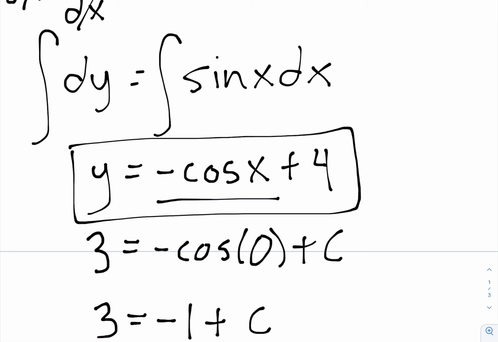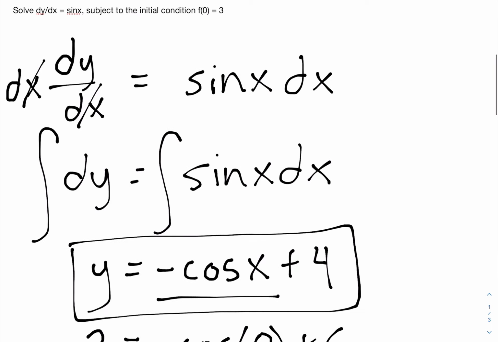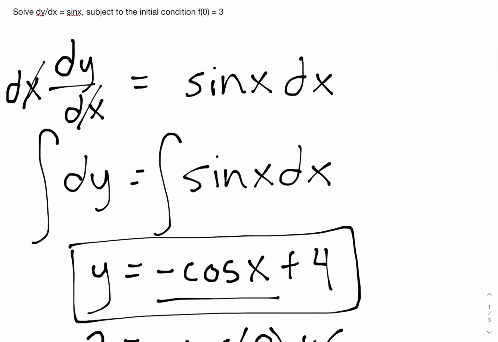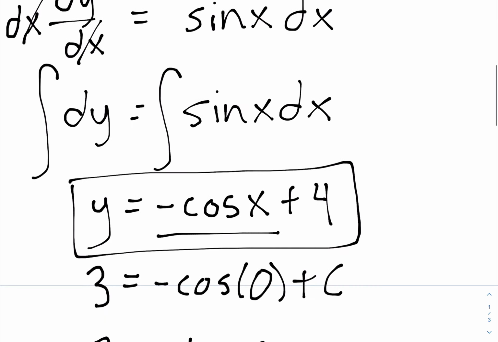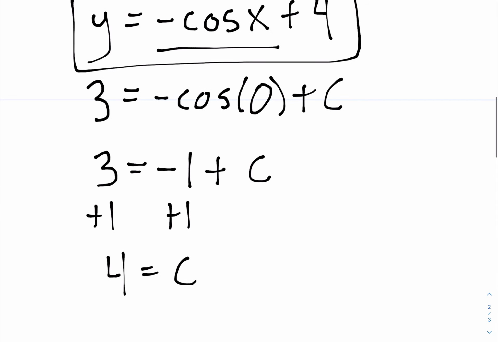And we would also find that if we graph the function itself, f of 0 would be equal to 3, and that meets the initial condition requirement. So that's just an example.